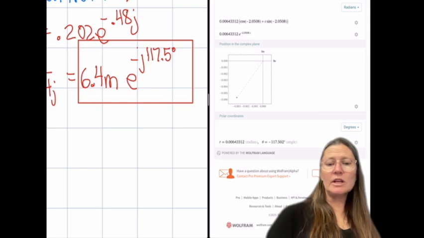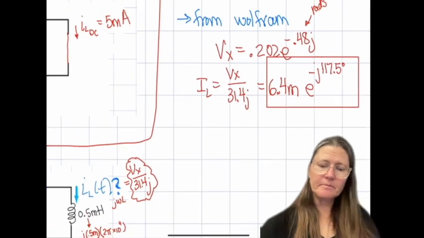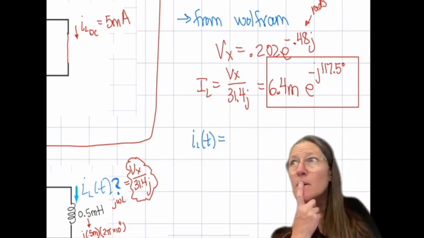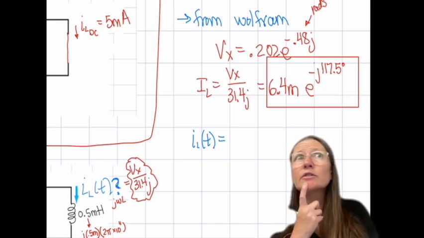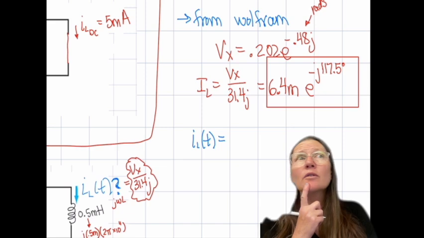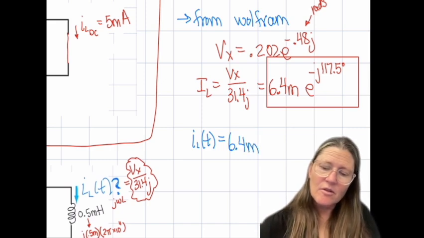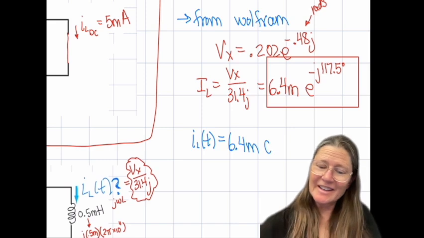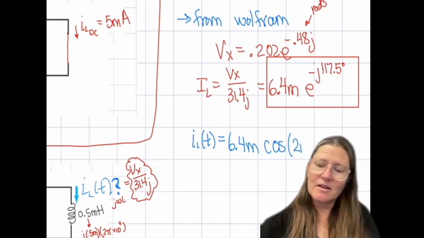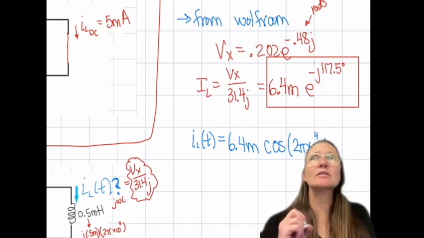All right, so now we want to get back into the time domain. So how do I write IL of t? I'm going to take an inverse phasor to get back into the time domain. Cosine. Correct. We use the same frequency that we had in the input signal.